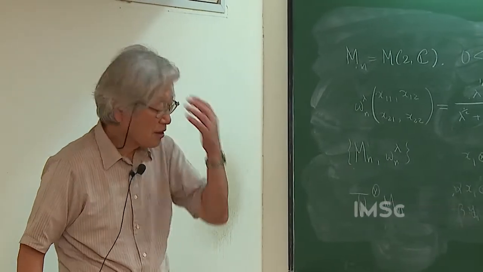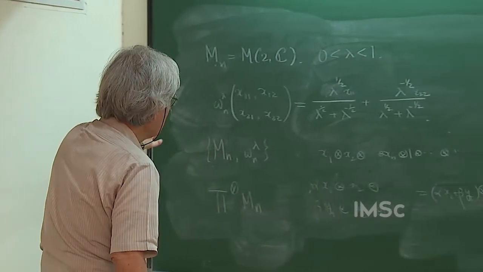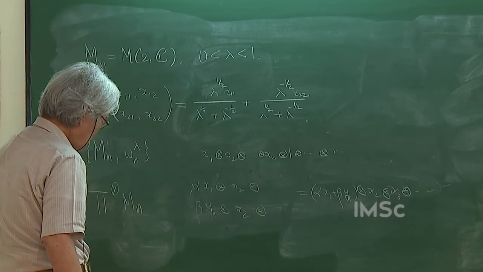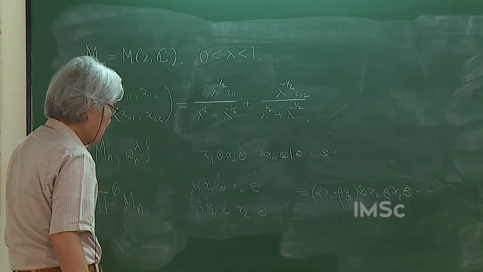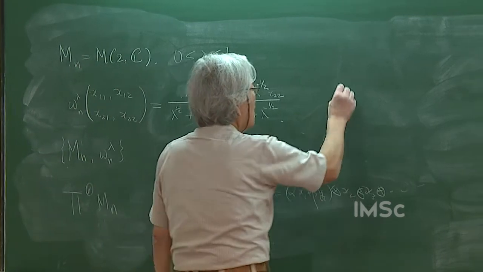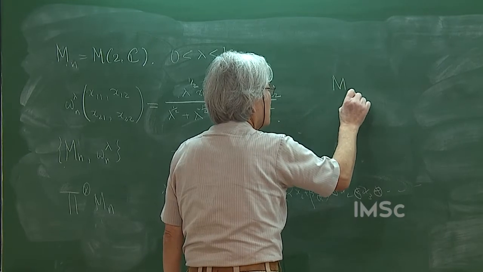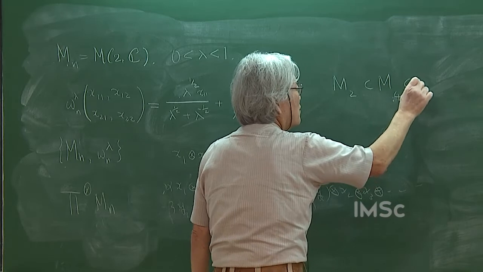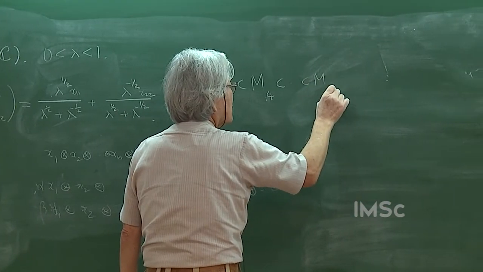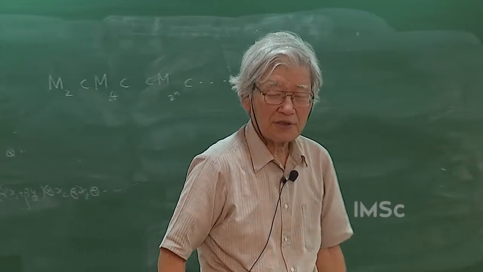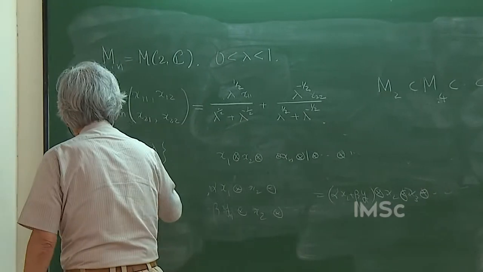And since the matrix algebra is simple, it has a unique tensor product norm. So it's actually M_2, M_2 to the 4, M_2 to the 2^n, like that. So you take the inductive limit, for instance, and then you can make a completion.